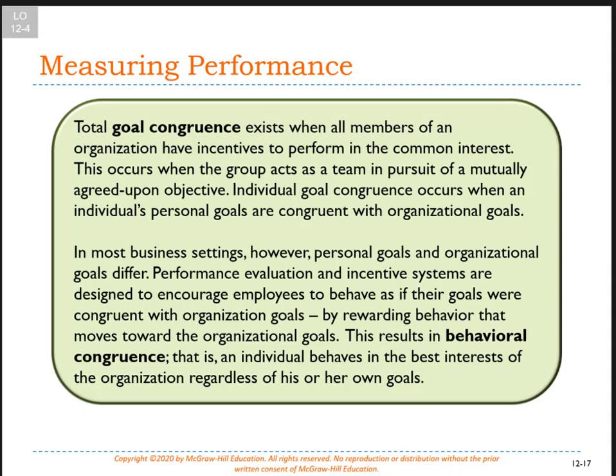Then we create a reward system that rewards them for reaching the goals that will further the organization. So regardless of what my personal goals are, I at least have the goal of being rewarded and evaluated positively given the organizational goals.